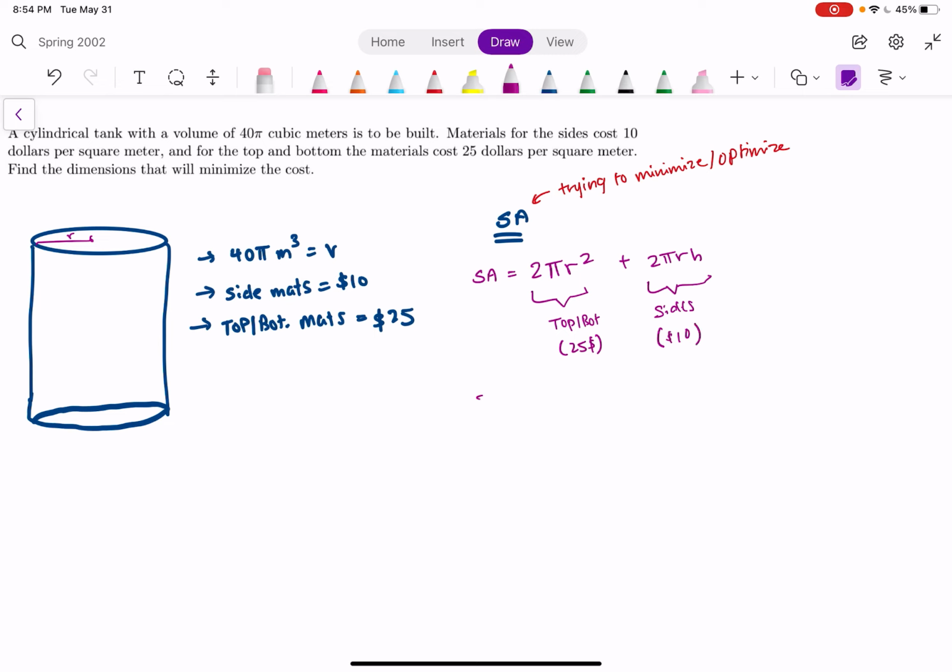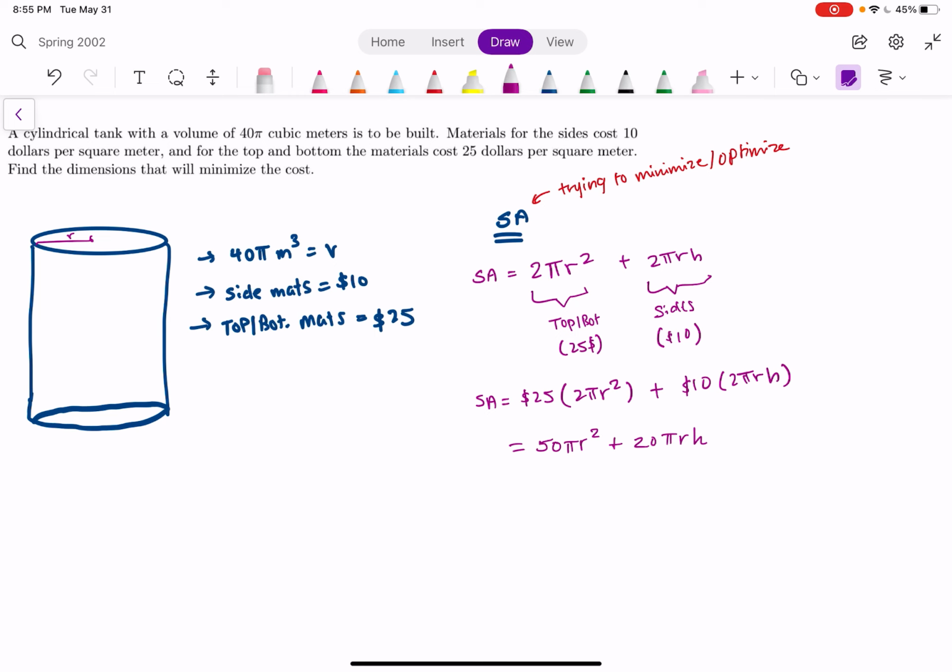So we're going to do cost equals $25 times 2 pi r squared, which is the top and bottom, and then $10 times 2 pi RH. Now we can simplify our equation down to 50 pi r squared plus 20 pi RH.